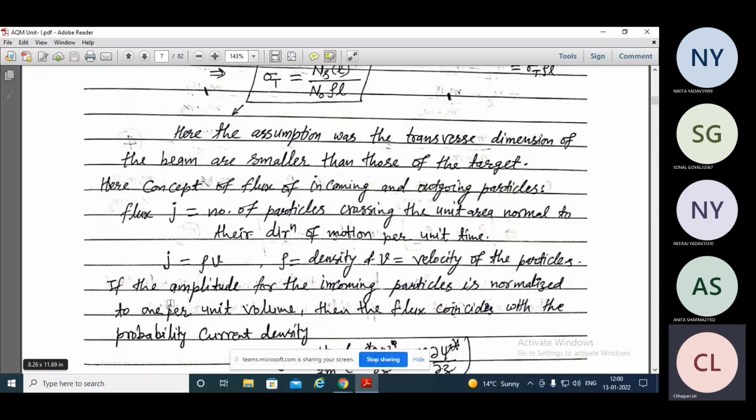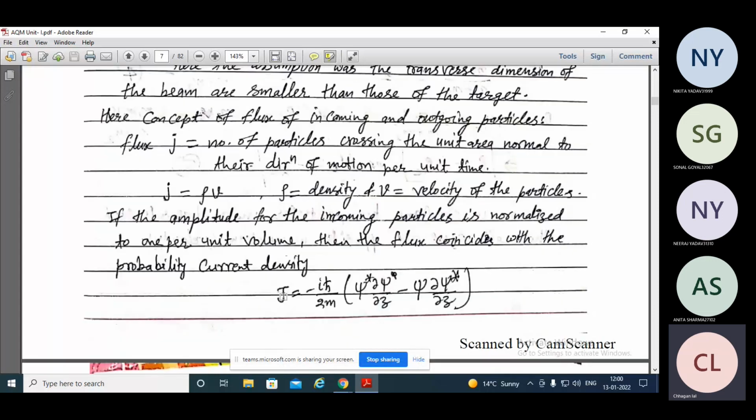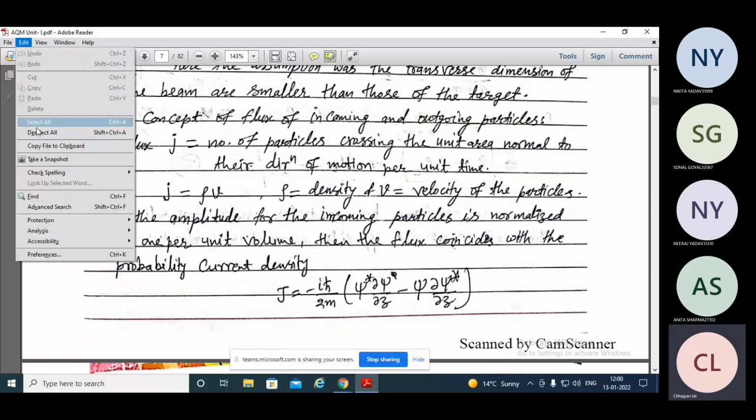If the amplitude for the incoming particle is normalized to 1 per unit volume, then the flux coincides with the probability current density. So exactly, we find some relations from these kinds of equations.